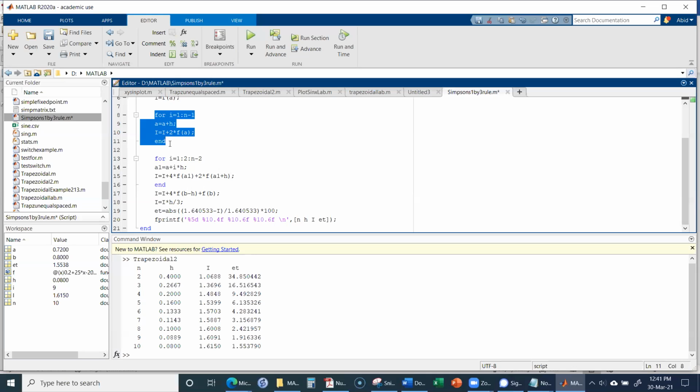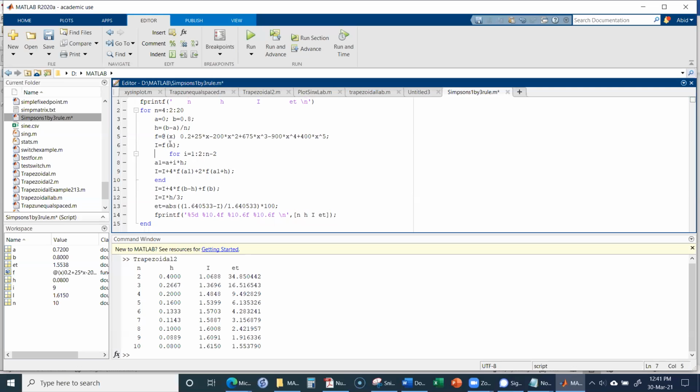So the difference comes inside this for loop. Once it is done, the last two terms are also added separately.